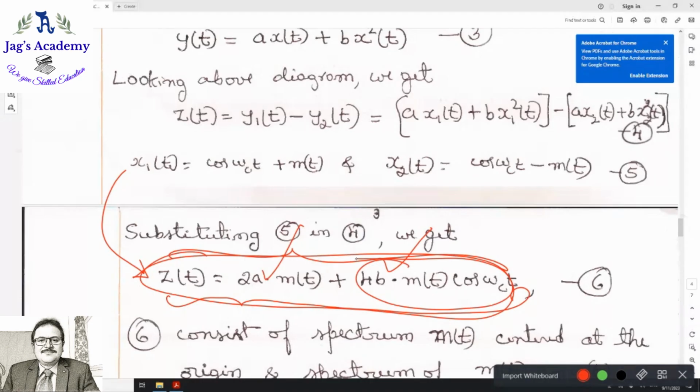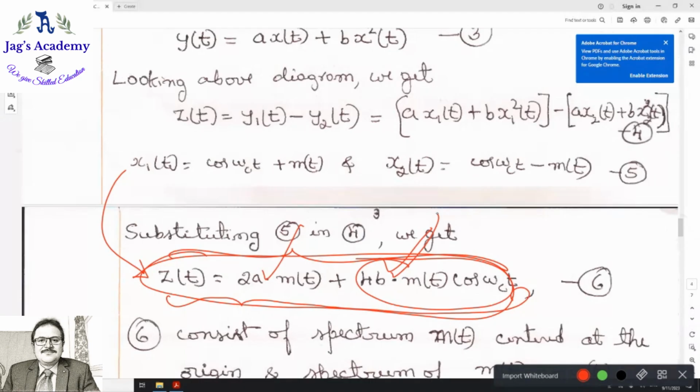Exactly, high pass filter, yes, right. You need to use a high pass filter with the cutoff frequency. See, it is not a high pass filter, you use a band pass filter, because you have to retain only this, right?